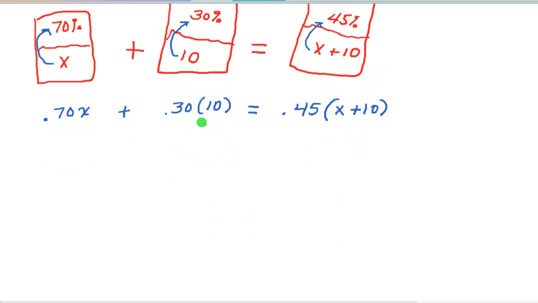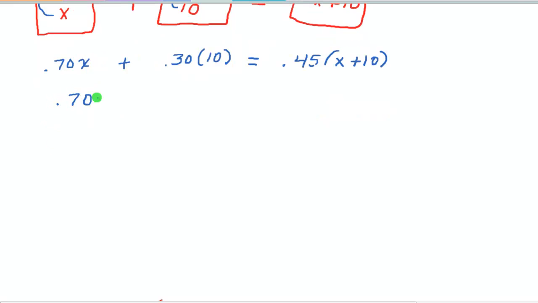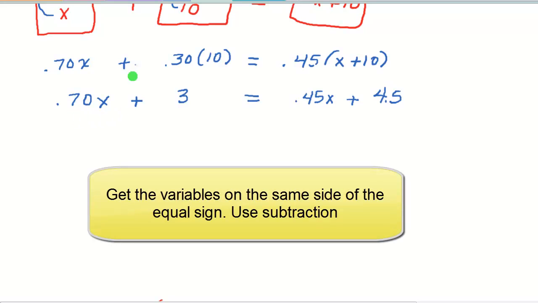Remember, we changed our percents to decimals. Okay, so we have 0.70x plus, and then 0.30 times 10, which is 3. And we're distributing the 0.45, so we get 0.45x plus 4.5.